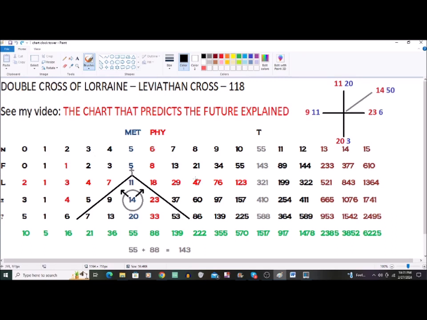But that's the backdrop, that these are all Fibonacci numbers which encode the golden ratio, which we find everywhere in nature. It's a natural balancing number within nature.